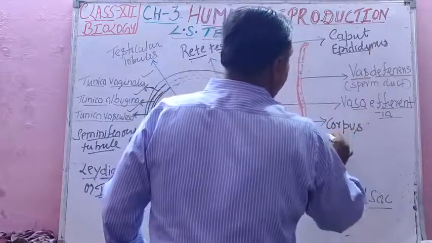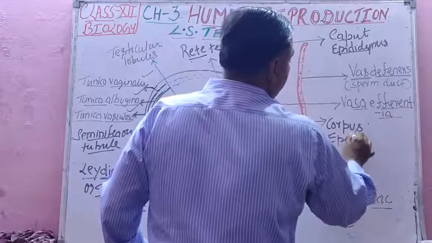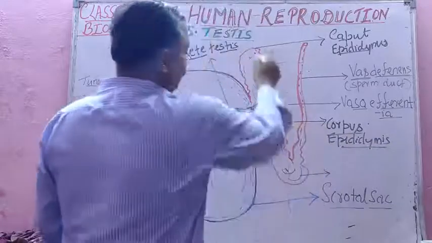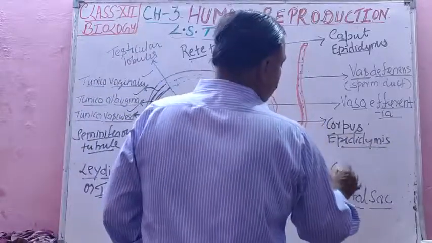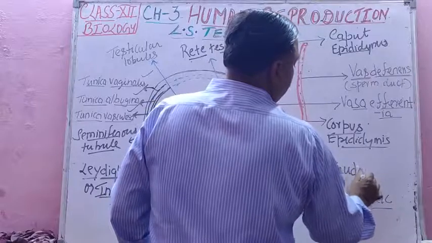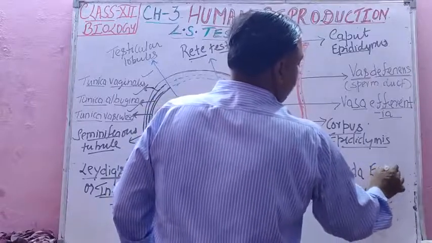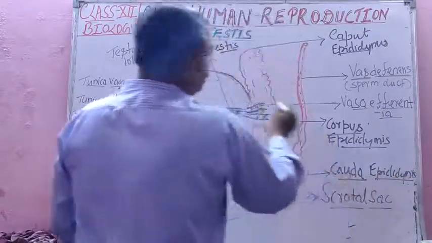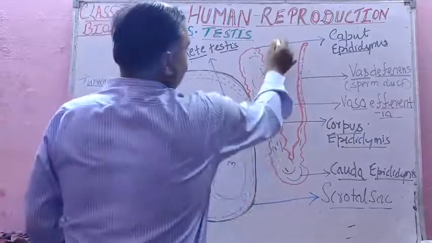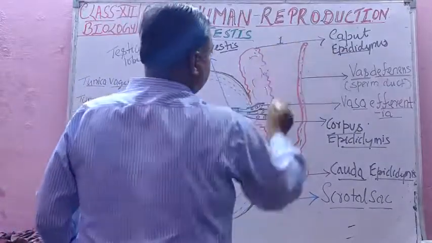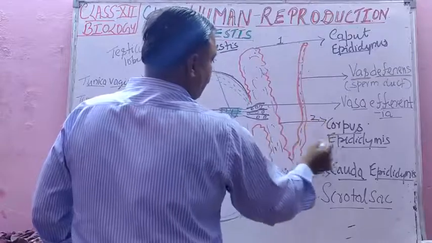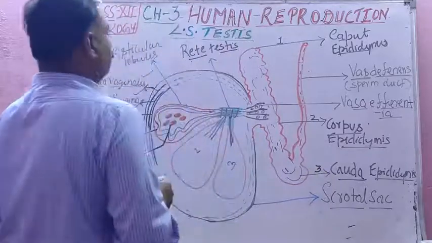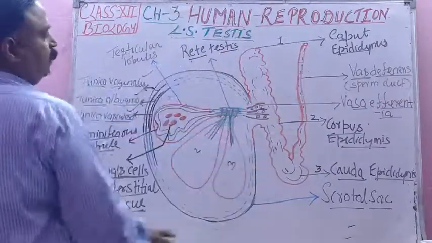Corpus means body. And the last part, the tail region of the epididymis, is called cauda. Cauda means tail part. Cauda epididymis. So observe these three parts carefully: first caput epididymis, second corpus epididymis, the main body, and third cauda epididymis. So student, this is LS of testis.